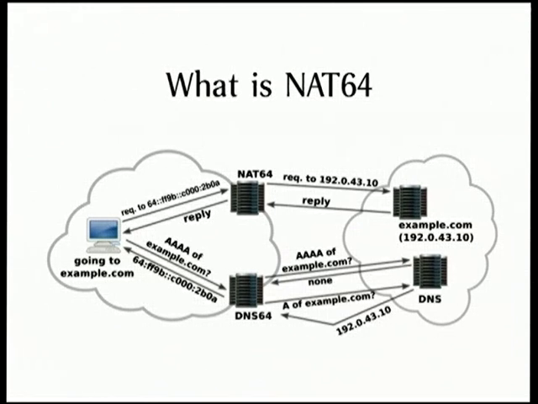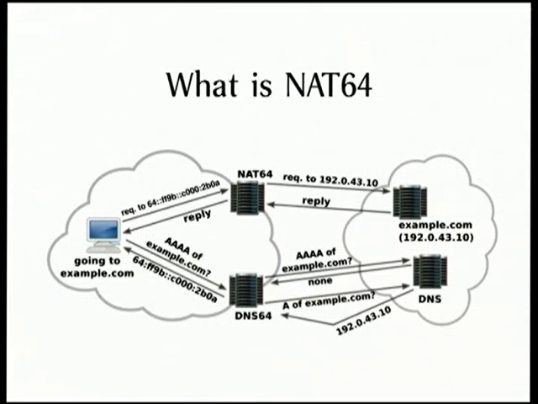So it sends a request to the address it received from DNS64, and it arrives at the NAT64 server, which translates the packet to IPv4 and sends it to the real example.com host.